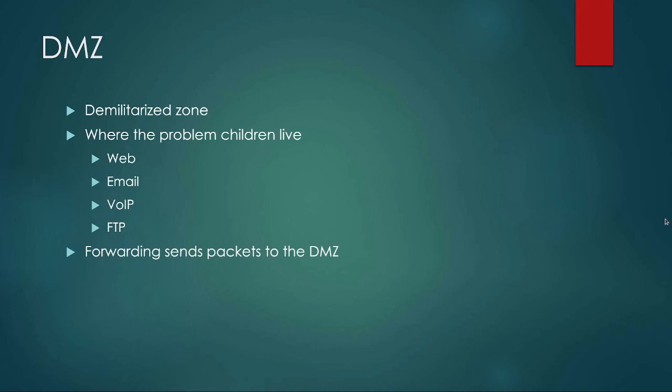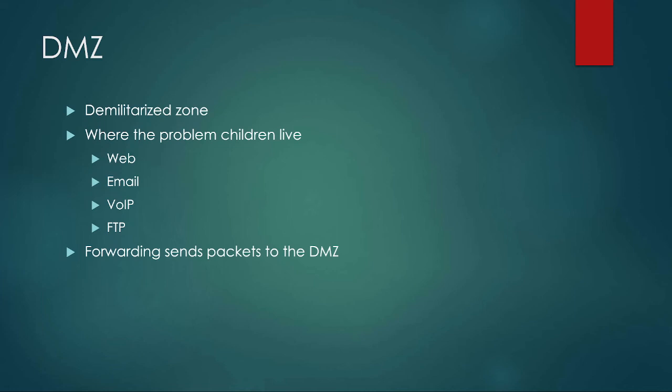Now, another thing that we can do with firewalls is we can actually create something called a DMZ, or a demilitarized zone. So I sort of affectionately call the problem children web, email, VoIP, and FTP. And you're probably going to want to place them in a DMZ.